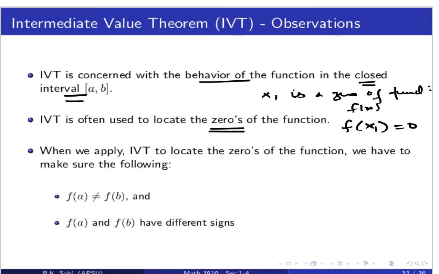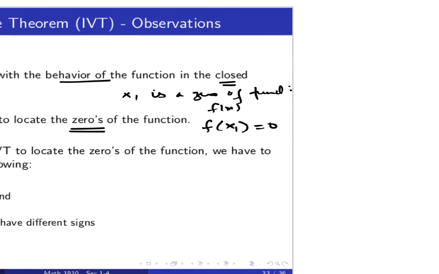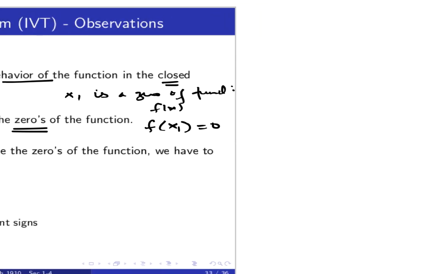For example, let's look at that, because this is what we'll also be doing a little bit later on, zeros of the function. Say we have a function f(x) equal to x squared minus x minus 6.